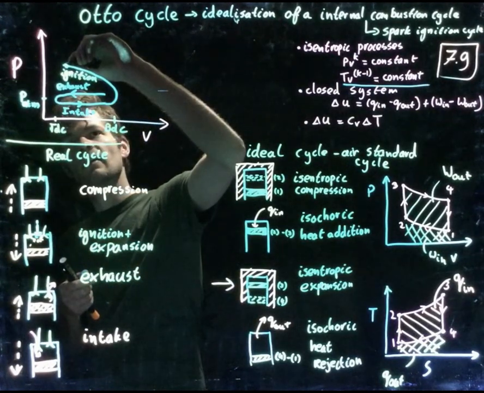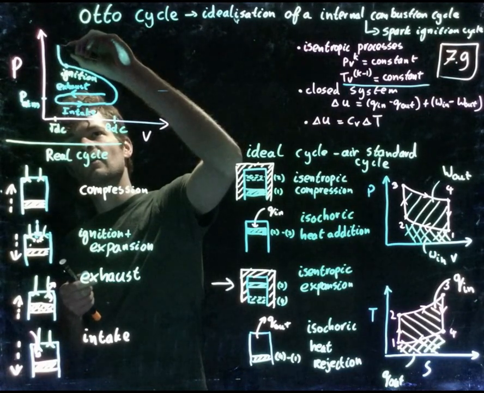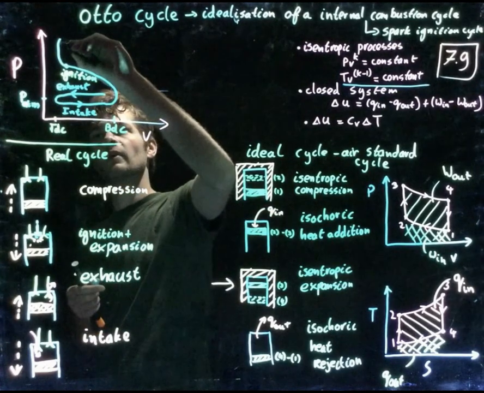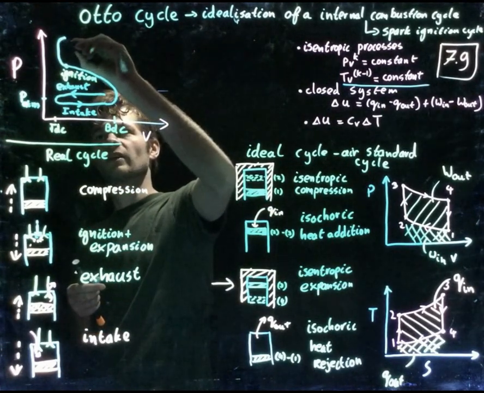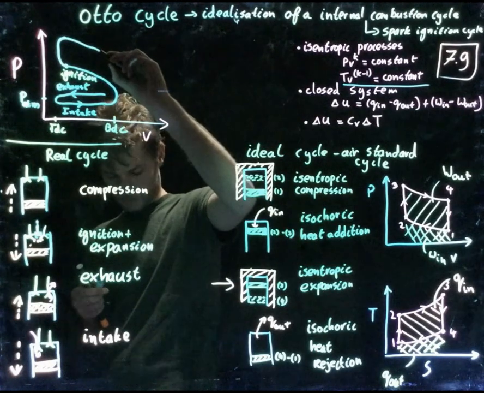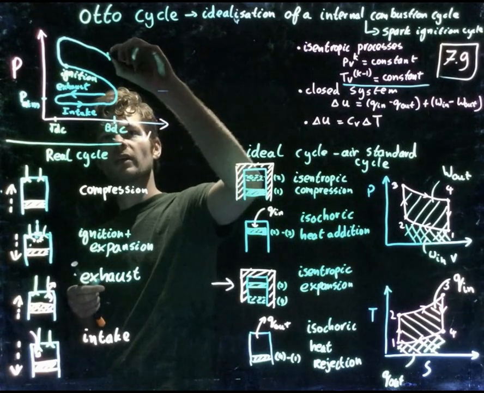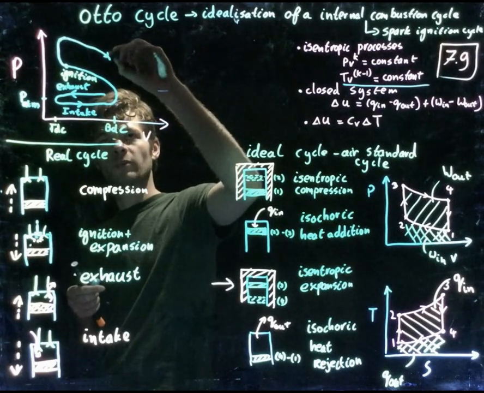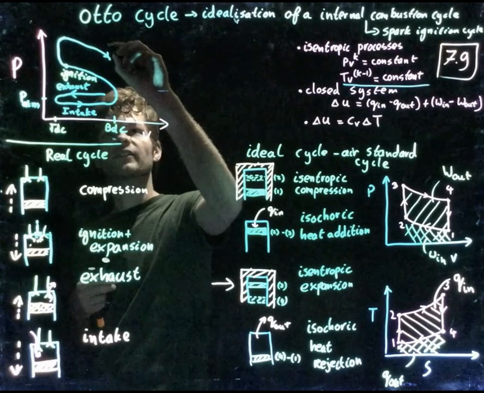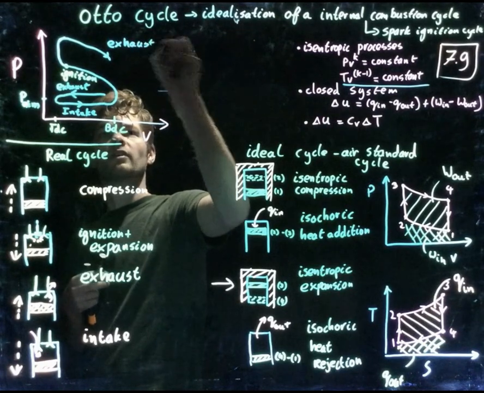Then pressure will be rapidly increased to a certain point, then we'll move down again. There we start going down. And just before the bottom dead center, the exhaust valve opens.